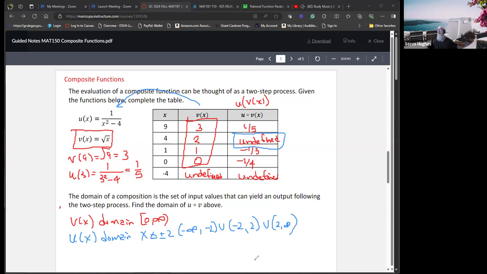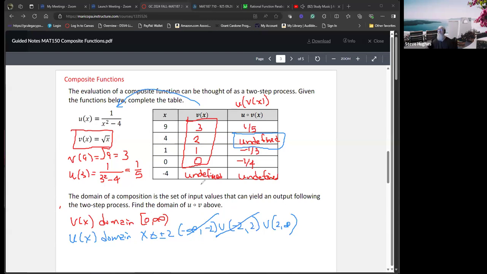That's my domain. But for v, my domain has to be from 0 to infinity, which means everybody down here, I have to exclude this. I can't have this domain because we already saw we can't put negative 4, we can't put negative 2, we can't put anything that's less than 0.